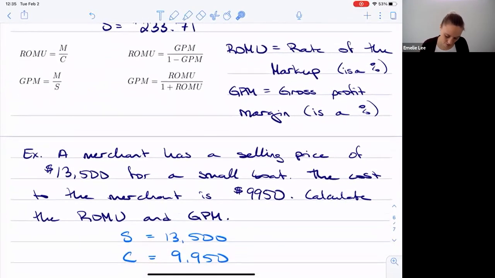Okay, so I have S and I have C. So in terms of the ROMU, or the gross profit margin, my initial choice is probably going to be to solve for one of these two, right?